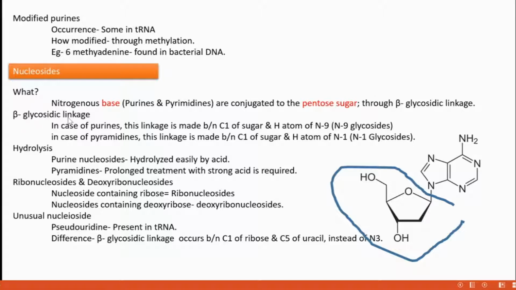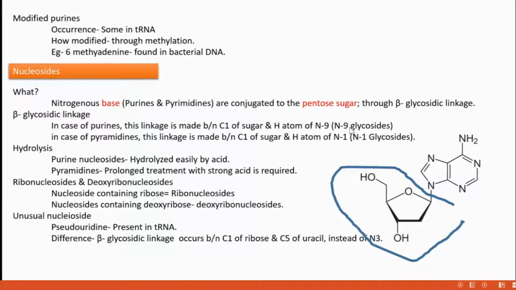Then in the formation of that beta-glycosidic linkage, there are also some special points. In the case of purines, this beta-glycosidic linkage is made between the first carbon of the sugar, either ribose or deoxyribose, and the hydrogen atom of the ninth nitrogen.